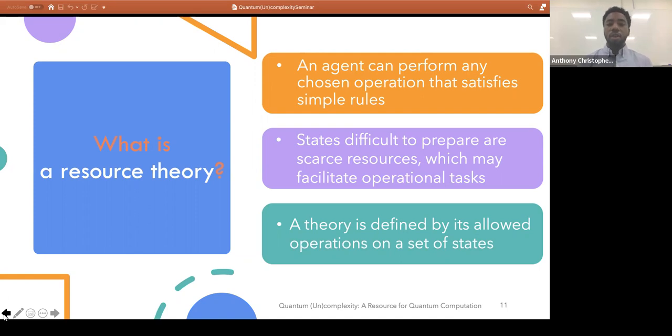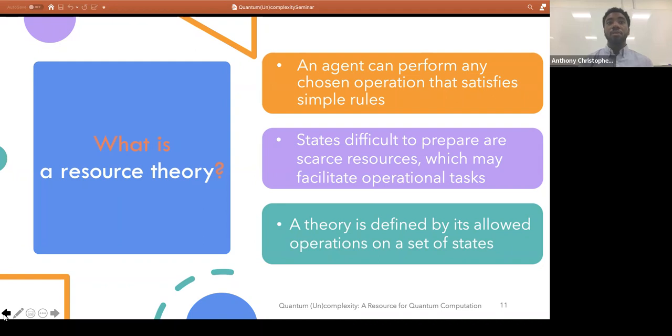So the idea here is that we have some specified states, so that we can even contextualize the allowed operations. But I think in general the resource theory is defined by the allowed operations. Free states can be determined as a result of that.